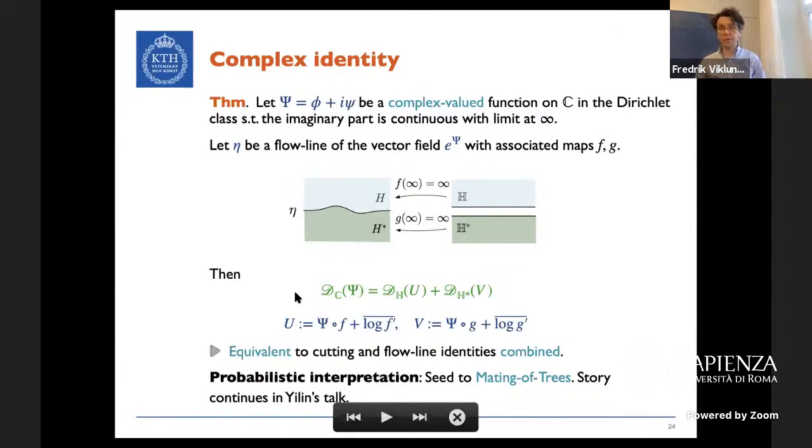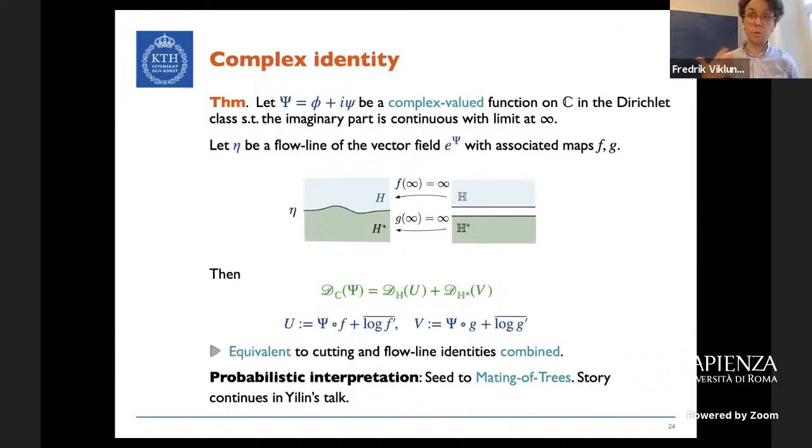And the proof of this result uses the cutting and the flow line identities, but also given this result, it's easy to see that you can also conclude both the identities that we had before. For example, by taking phi to be 0, the field is just equal to the Poisson extension of psi and so on.